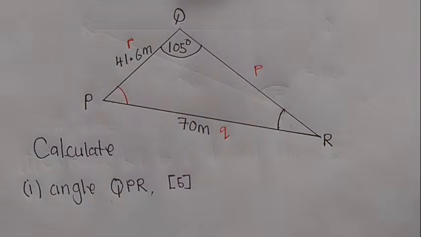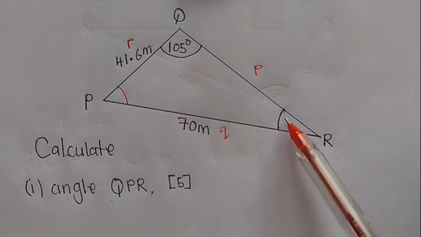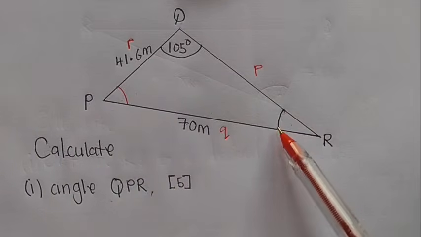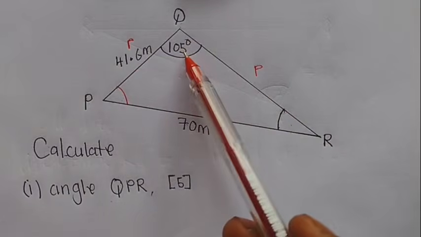Now, in order for us to find the angle at P, we need first to find the angle at R. Because at R we have the side, then at Q we also have the side and the angle.